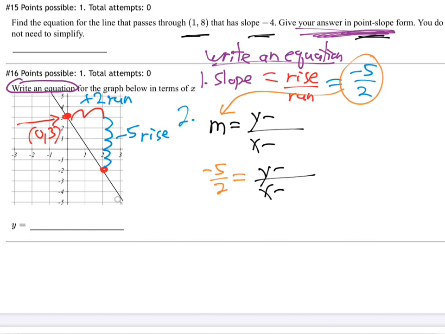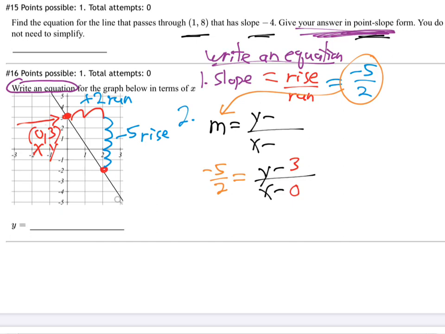So, remember, the first number's an x and the second number's a y. So that's 0 behind x and 3 behind y. Is that good? And now, what are we going to do from here?